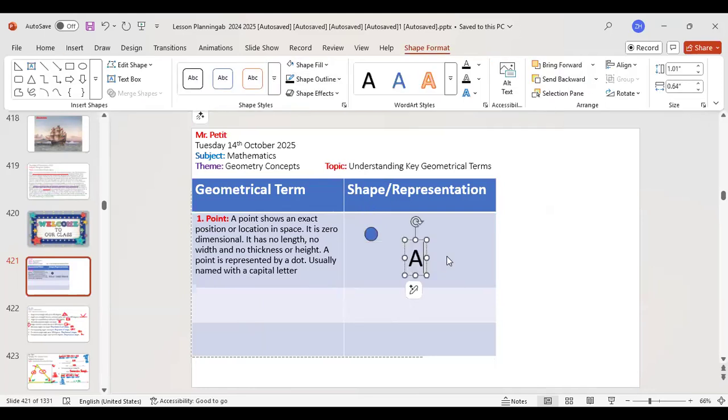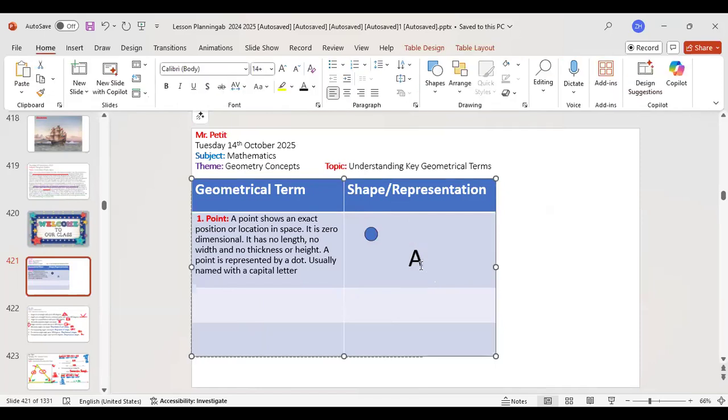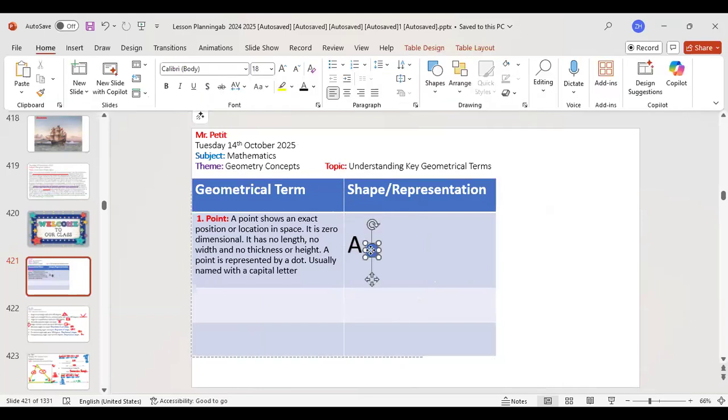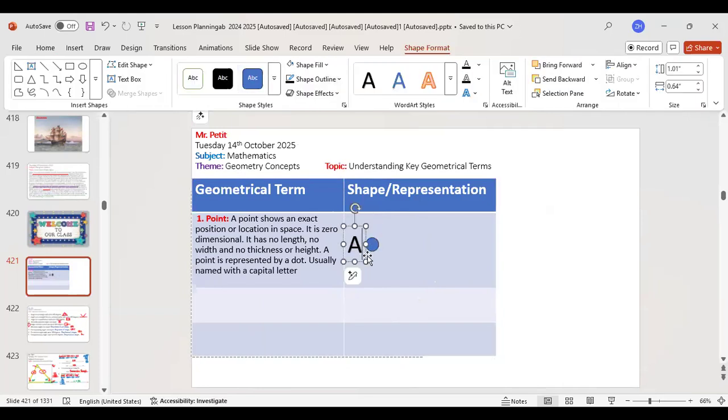So we're gonna call it capital A. So this is point A. You can put it anywhere once it's there.